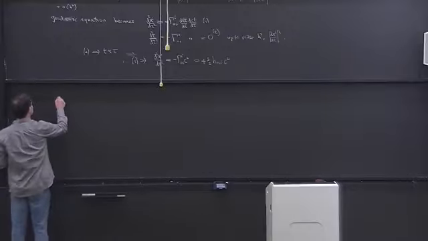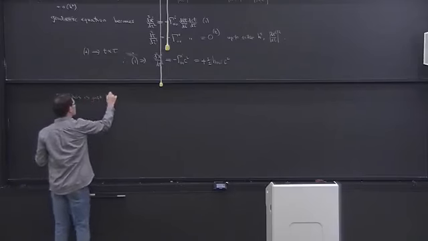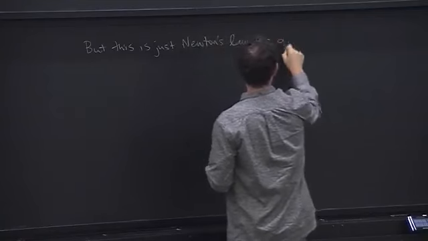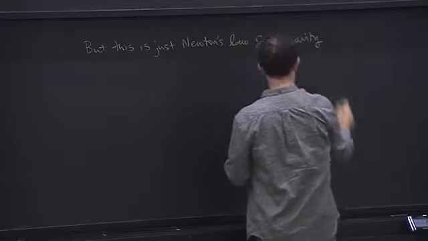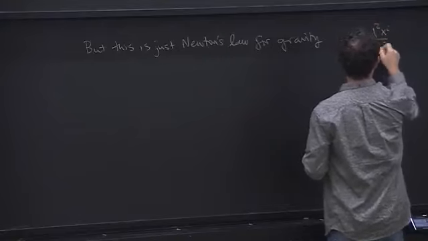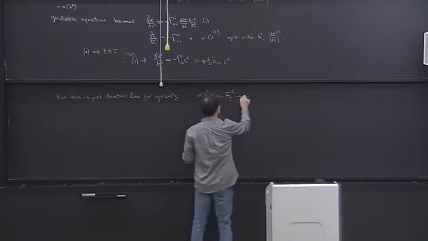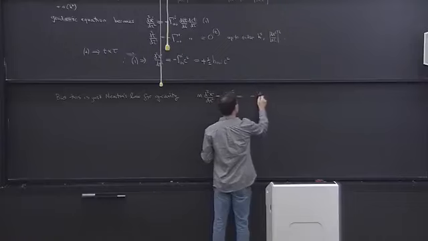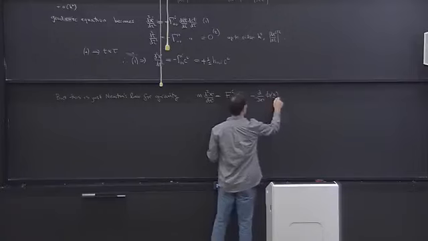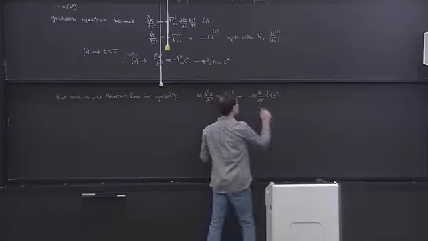Okay, but this is just Newton's law for gravity. M d2xi dt squared equals the gravitational force, which is minus the gradient of the gravitational potential times the mass.